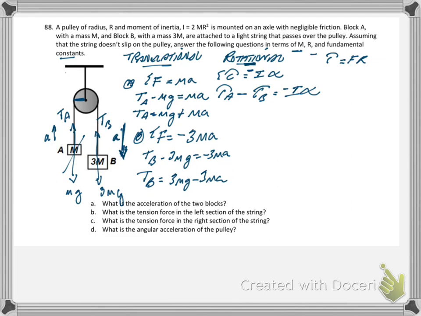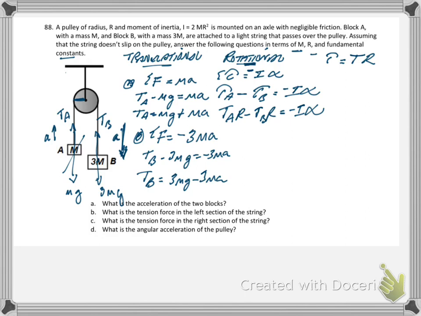The force is going to be the tension force. So we replace it with tension force times r. So we have tension force A times r minus tension force B times r equals negative I times angular acceleration.